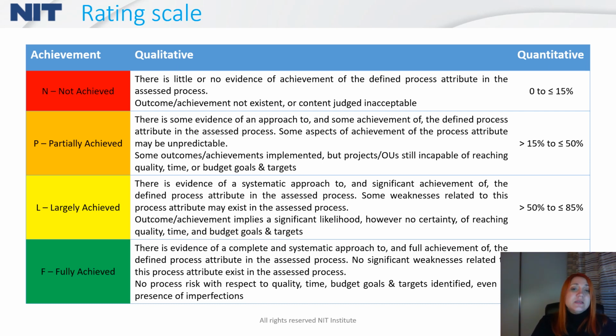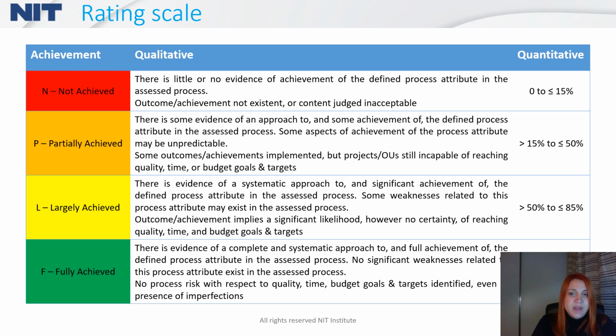It means that there is little or no evidence of achieving the defined process attribute in the assessed process. It means that outcomes, achievements do not exist, or that it is impossible to judge what is the content of them.